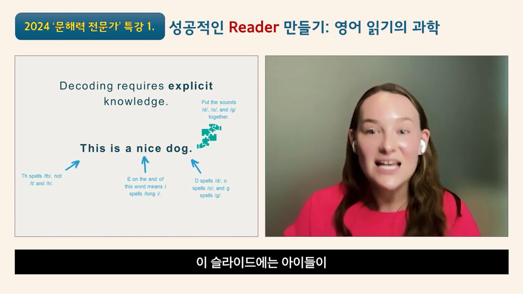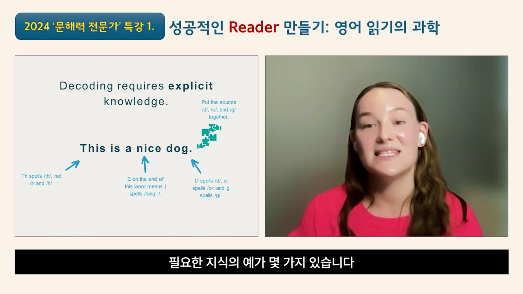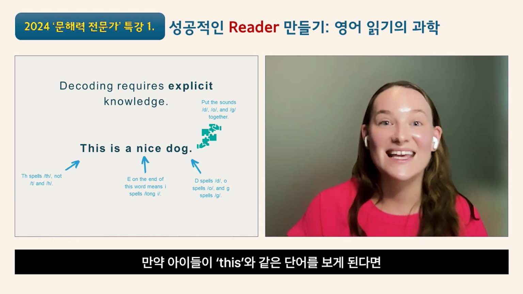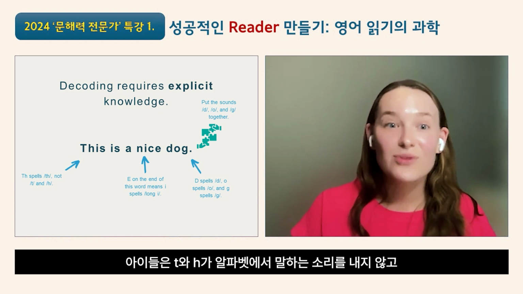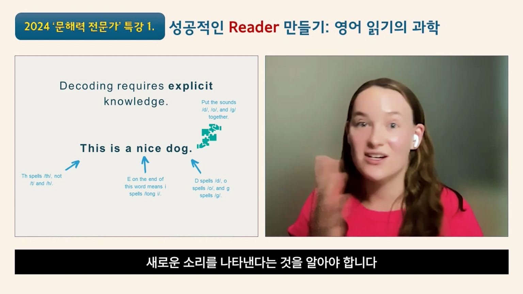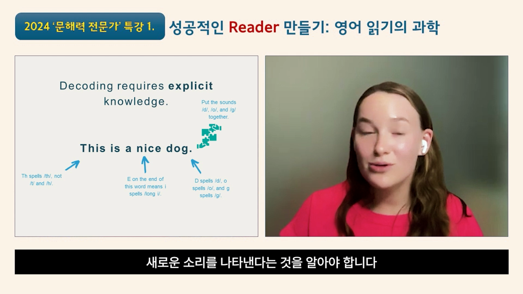This slide has some examples of the knowledge that children need even to read words that seem relatively simple. If a child comes up to a word like this, they need to know that T and H are unlikely to be making the sounds that we talk about in the alphabet, but in fact are representing a new sound.